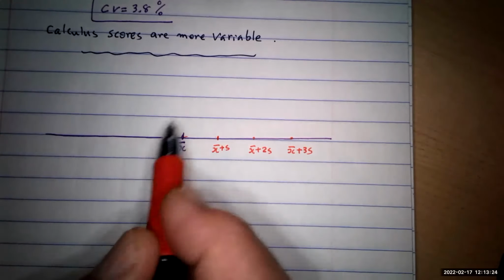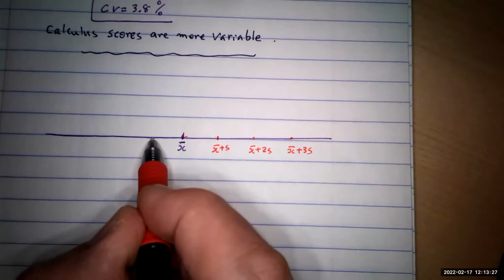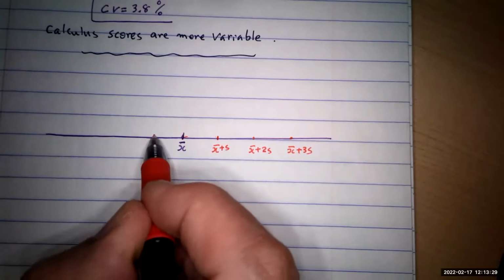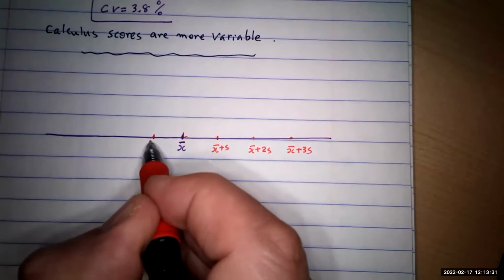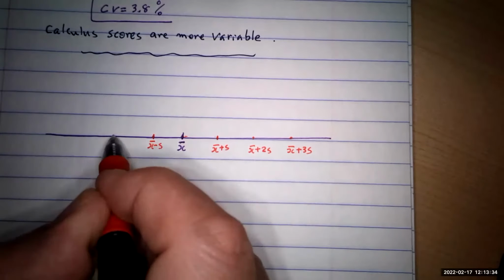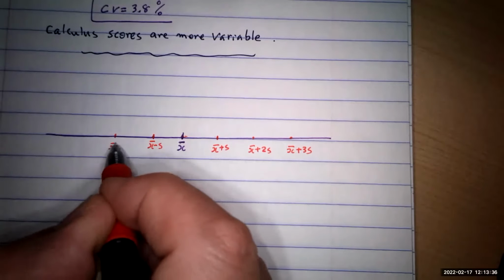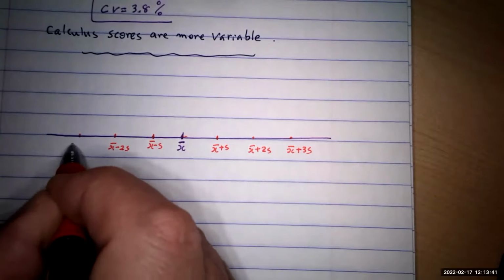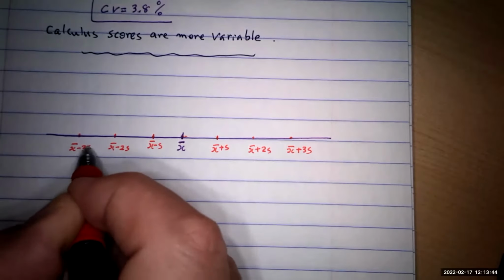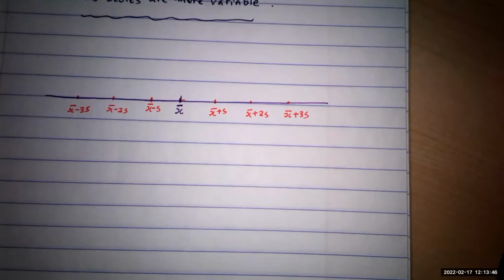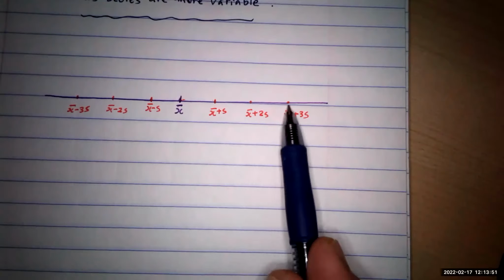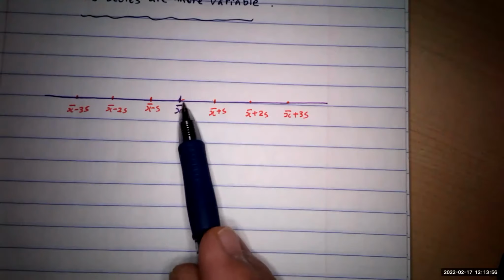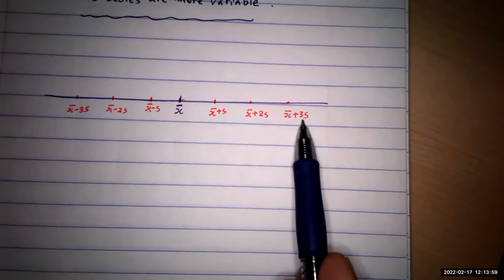It's a kind of mirror image, so it's going to have the same thing here. This is one standard deviation, which is x bar minus s. And this is another one, x bar minus 2s. And this is another one, x bar minus 3s. So if your number is going to be somewhere here, you will find out that you are 3 standard deviations above the mean, because this is positive.